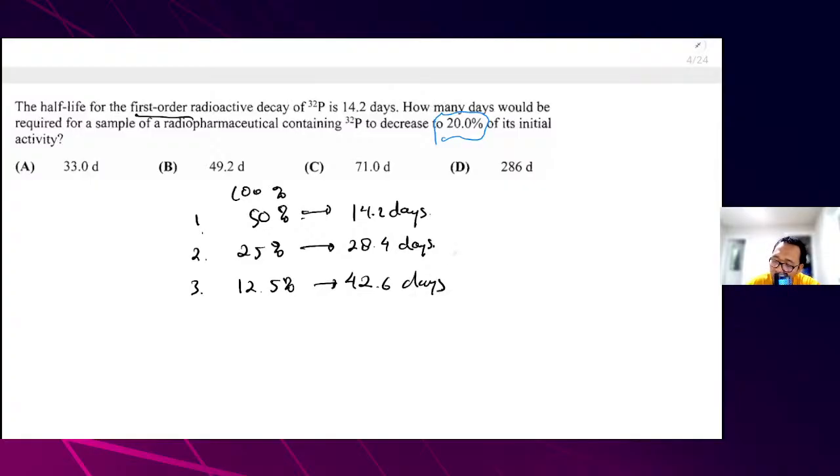So now we need to determine the days just in between 28 and 42. Which option is in this range? It's A. We can get the answer directly without putting in any kind of equation. We can solve the problem easily because we know the concept behind it.